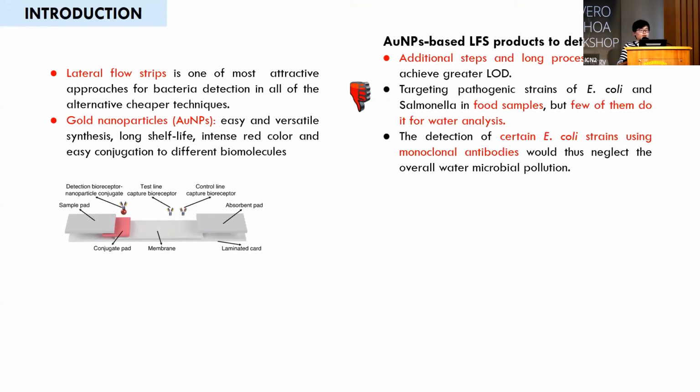Although there are already some nanoparticle-based lateral flow strips to detect E. coli, they still have some disadvantages. First, they need additional steps and long processing time to get better sensitivity and lower LOD.